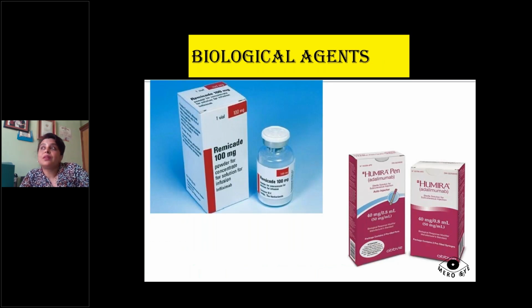So the newer practice is with the biological agents like infliximab or adalimumab. We have outpatients of HLA-B27 who are on infliximab and some patients who are on adalimumab. The adalimumab is easier because it's just a subcutaneous injection, but the drawback is its cost.